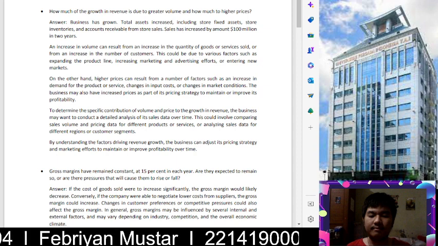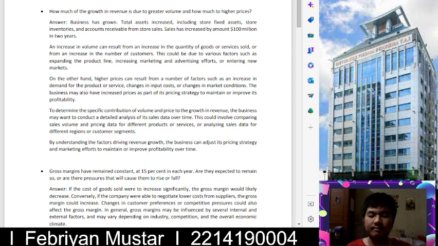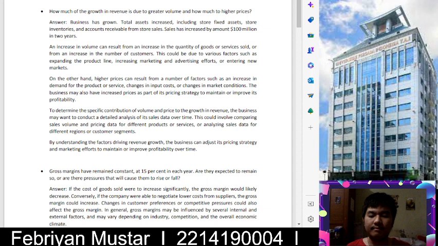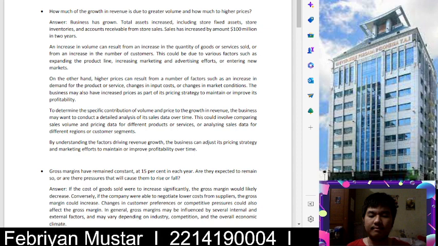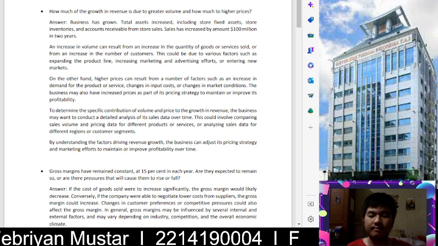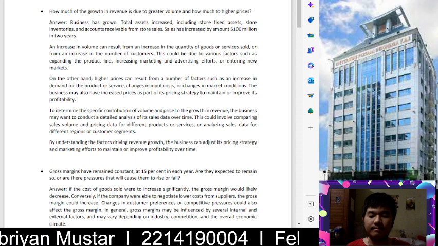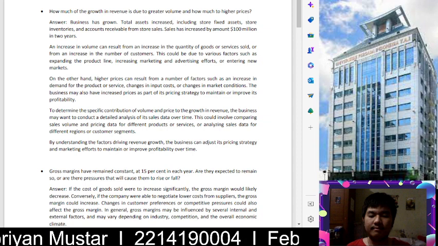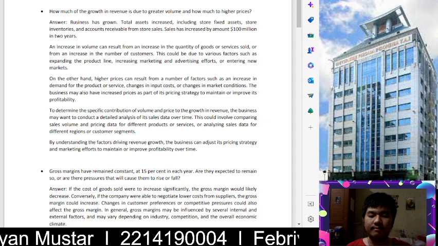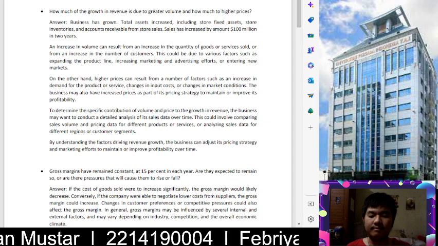This could involve comparing sales volume and pricing data for different products or services, or analyzing sales data for different regions or customer segments. By understanding the factors driving revenue growth, the business can adjust its pricing strategy and marketing efforts to maintain or improve profitability over time.